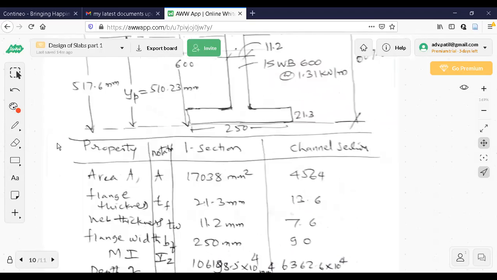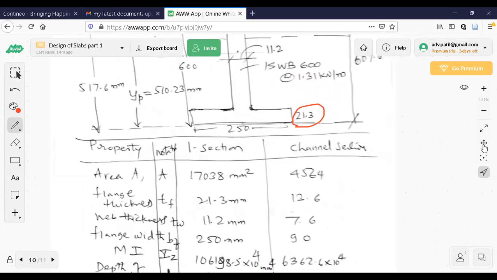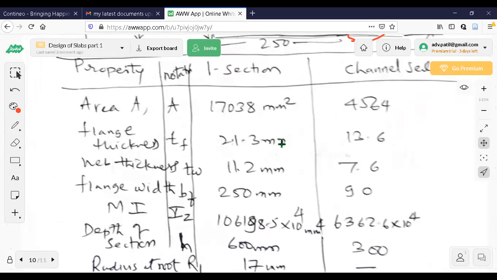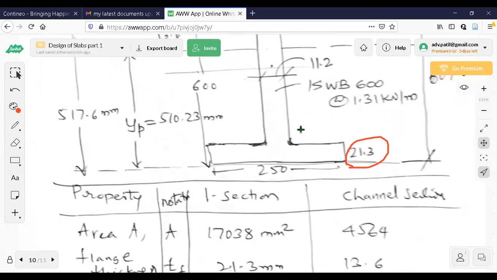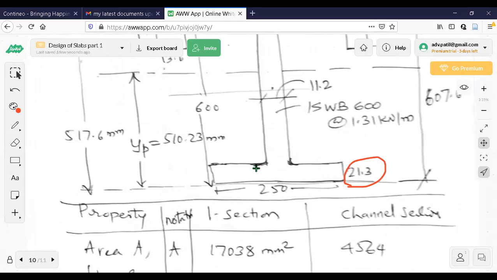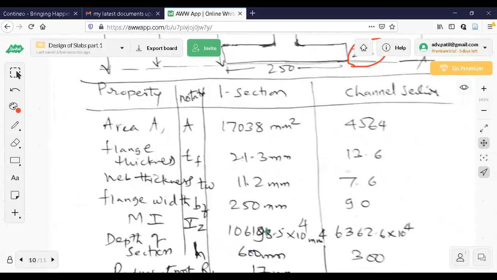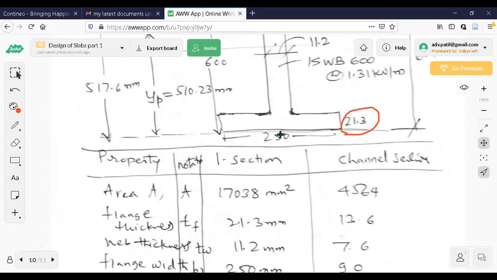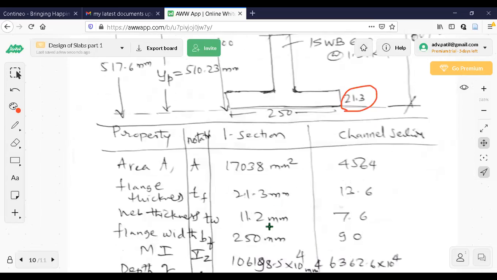I think you are able to see this one, no? Flange thickness is here. Okay. Next, web thickness 11.2. You can see this is 11.2, the web thickness, web of the I section. You go on checking the I section only here. Flange width is 250. So this is 250 here, width of the flange.